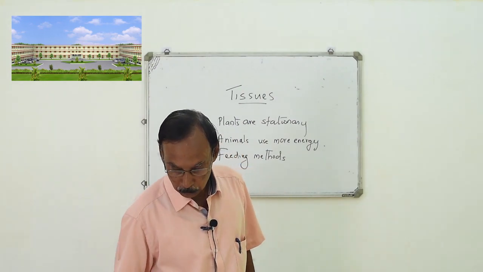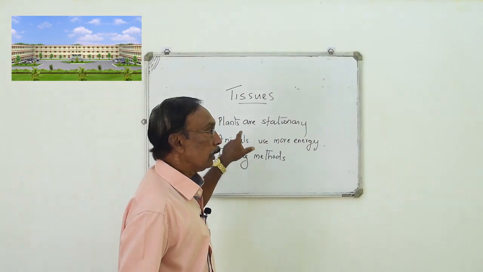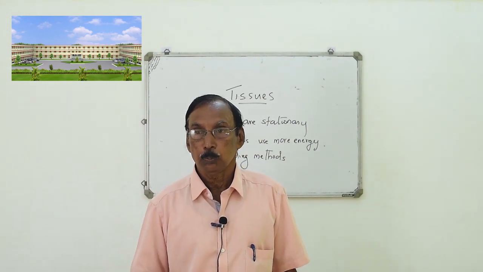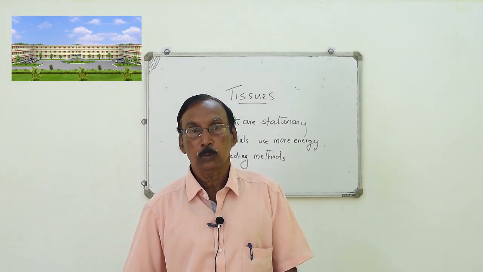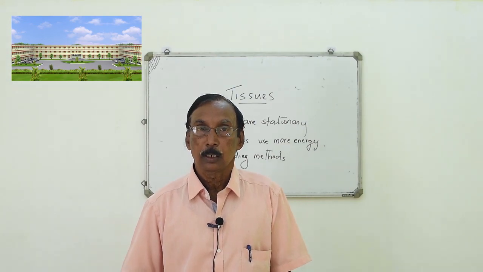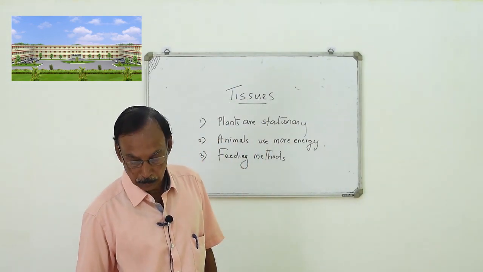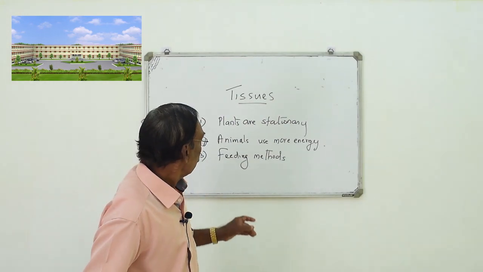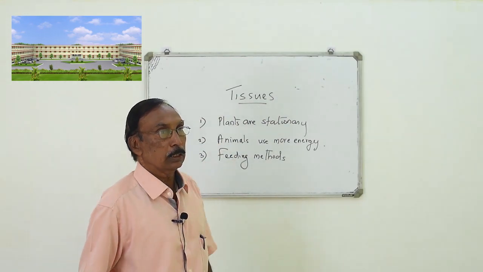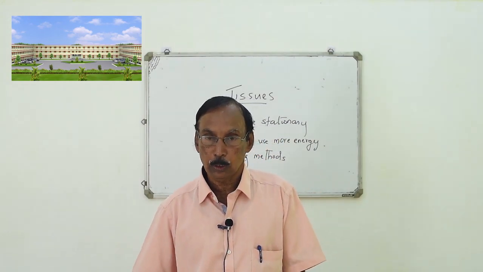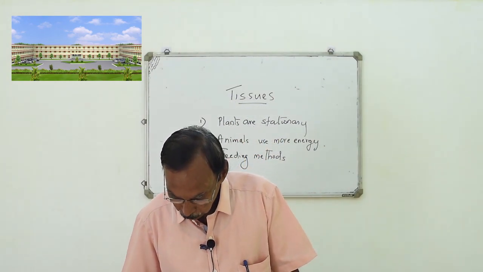For example, plants are not moving and animals are moving. Most of the plant tissues are dead cells. Second one is, animals use more energy because of movement. They move from place to place, they use more energy.